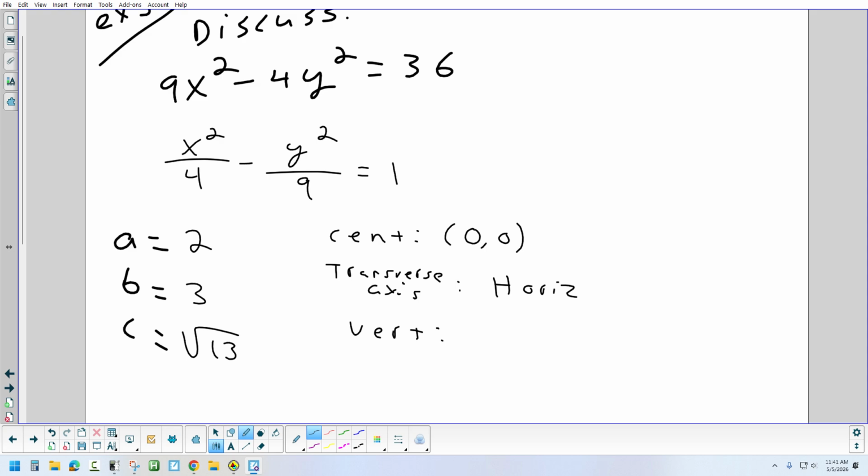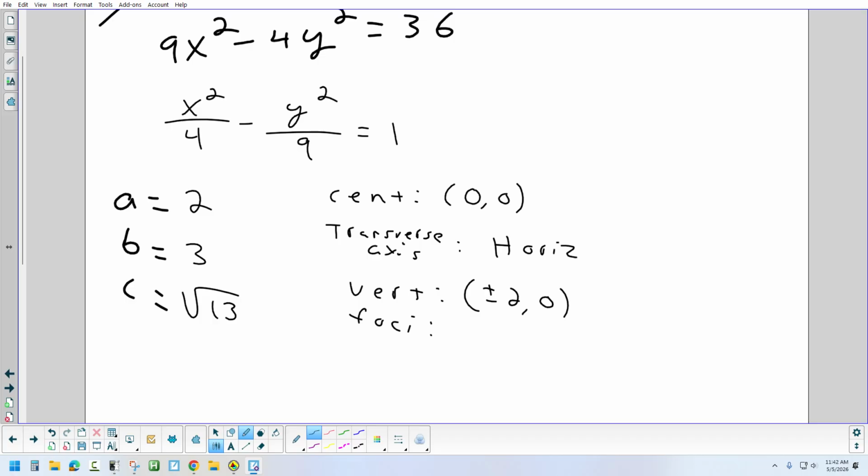Yes, because they're left and right. 2 units left, 2 units right. Where are my foci going to be? Yep. Plus minus root 13, 0. And that's how you're going to just leave it. Don't worry about simplifying.